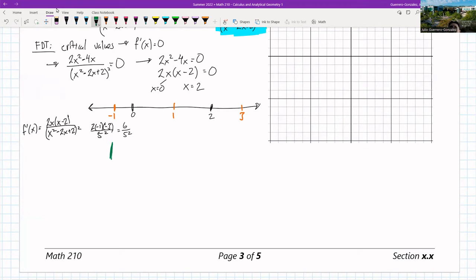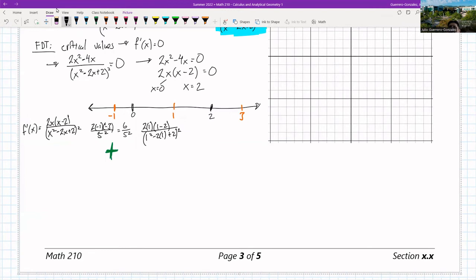This is a positive value, so positive. Do the same thing with 1. It's 2 times 1 times (1 minus 2), all over (1 squared minus 2 times 1 plus 2) squared. I know I'm taking a lot of pauses here. Check your arithmetic.